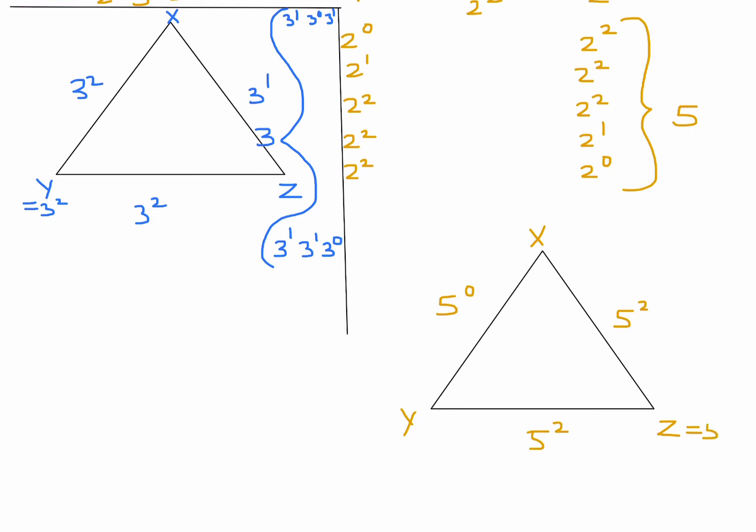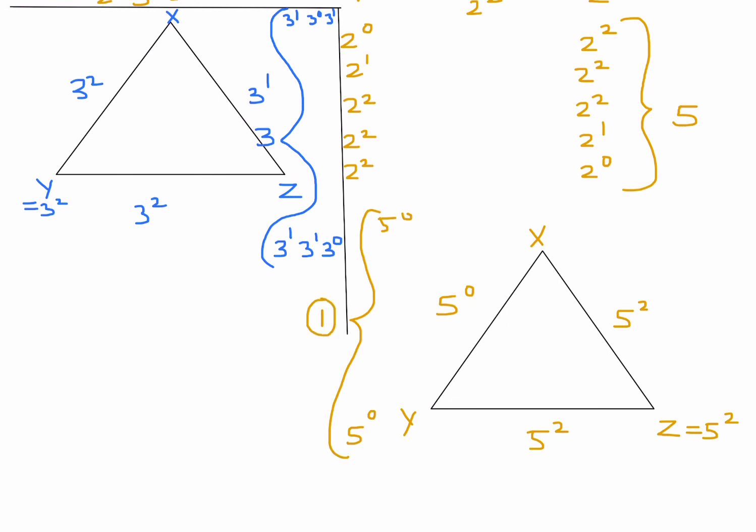So that means Z must be my 5 to the power of 2. And then for the combinations for X and Y, there's only one choice, 5 to the power of 0 for X and 5 to the power of 0 for Y. That's it.